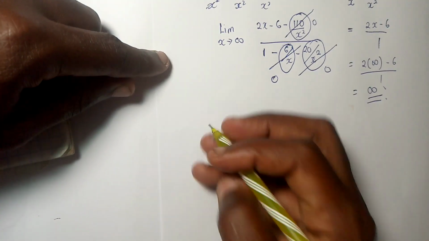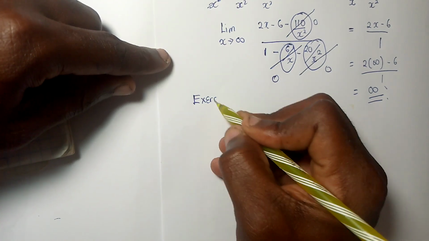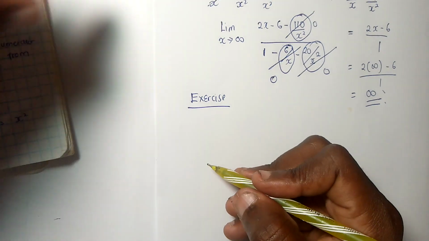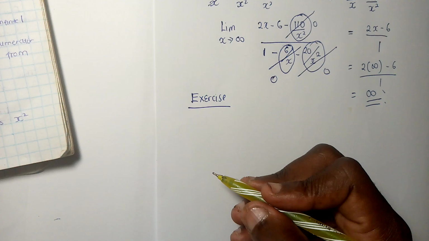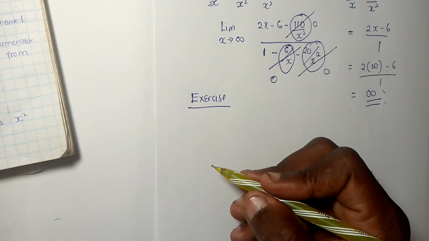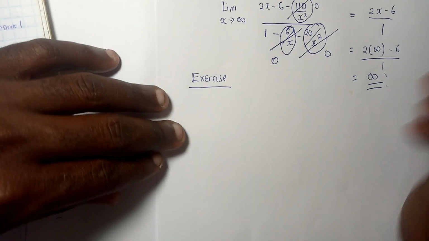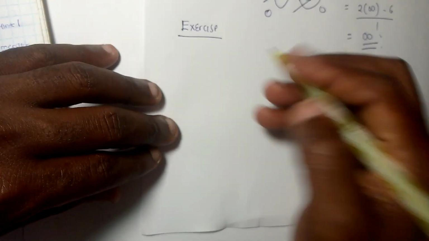I'm going to give us an exercise here, which you are going to solve, and then you tell me what you are getting as a solution, so that we see whether you've understood or not. Before we do it together, you pause the video and try it out.